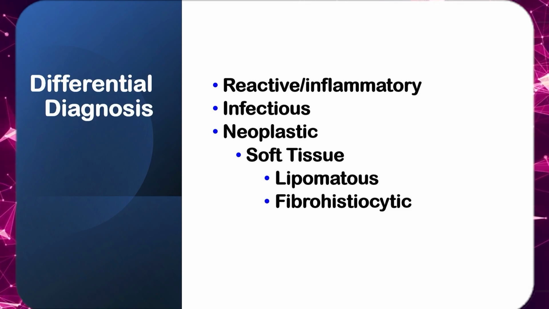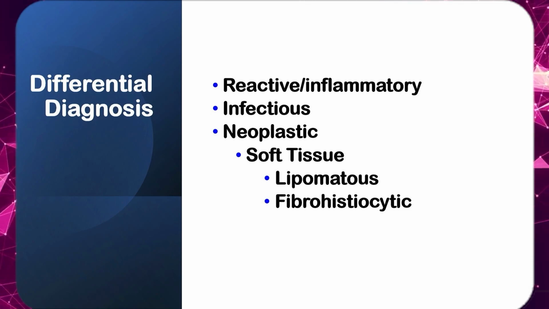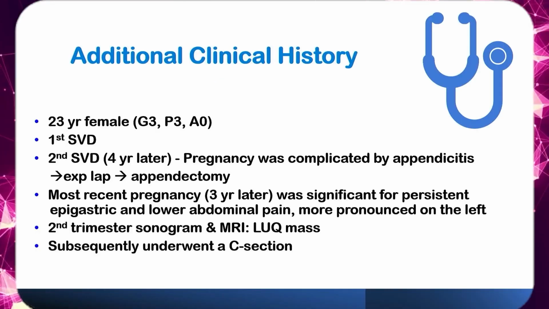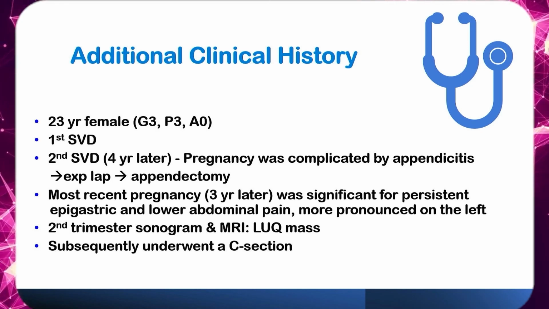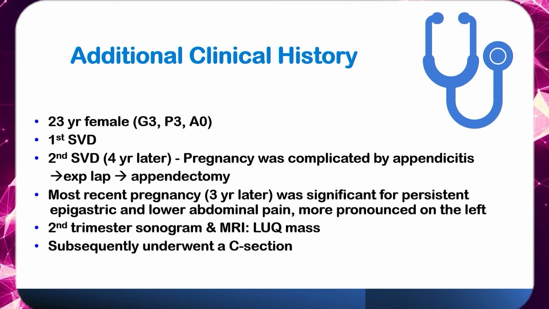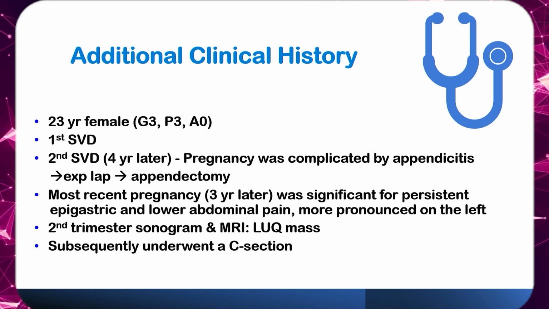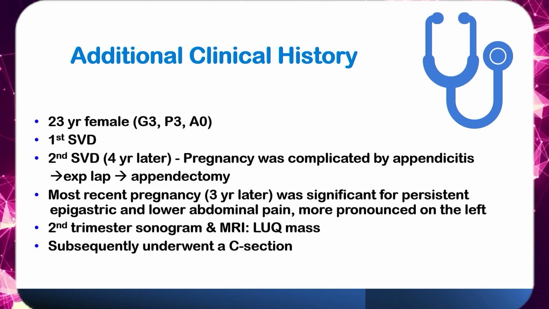So being a good colleague of yours, I will give you more history. This is a 23-year-old female who's G3P3. Her first child was a spontaneous delivery. Second was also SVD, 4 years after the first child. But this second pregnancy was complicated by appendicitis, for which she had an emergency exploratory laparotomy and then appendectomy.